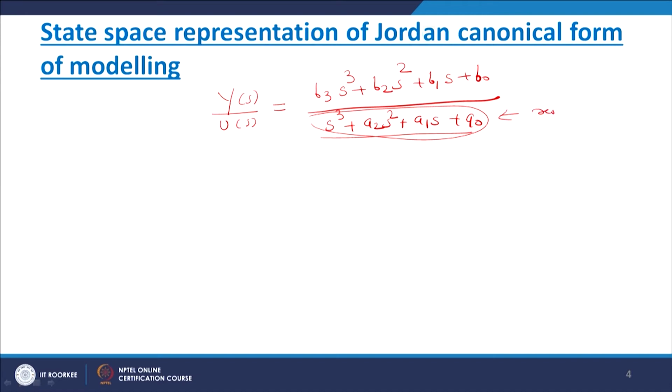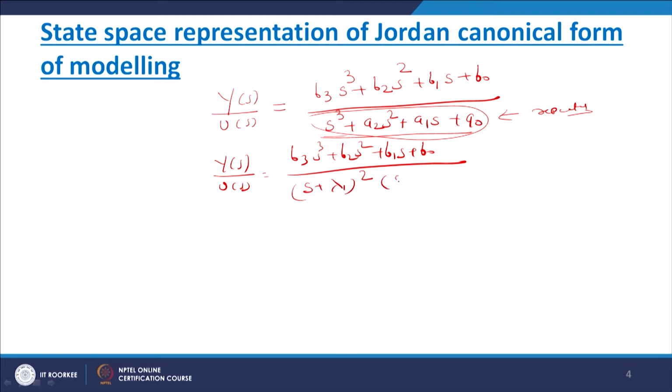are repeated. That means the eigenvalues, or we can say the roots of this denominator, are repeated. Therefore we write this equation as Y(s)/U(s) equal to (b3 s cube plus b2 s square plus b1 s plus b0) divided by (s plus lambda 1) square times (s plus lambda 3).